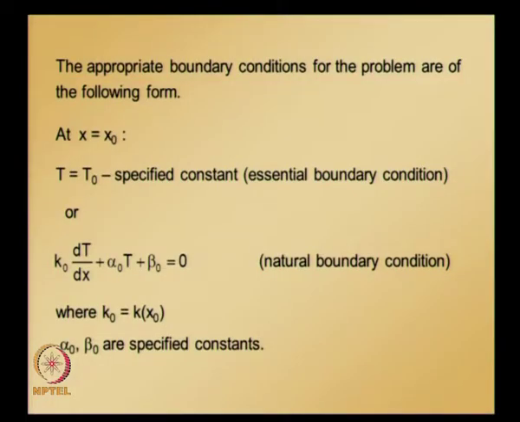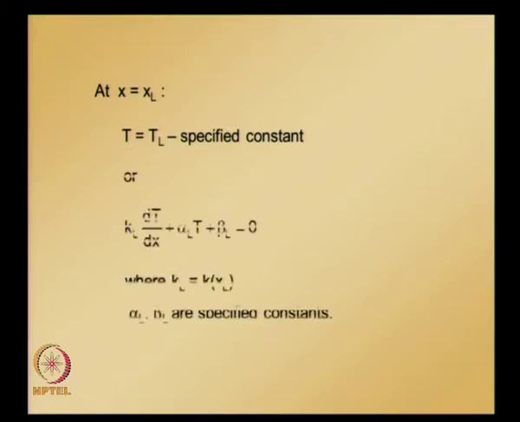Let us see the boundary conditions at x is equal to xl. At x is equal to xl, again either essential boundary conditions can be prescribed or a natural boundary condition can be prescribed, where kl is the coefficient k evaluated at x is equal to xl, and alpha l and beta l are some specified constants.